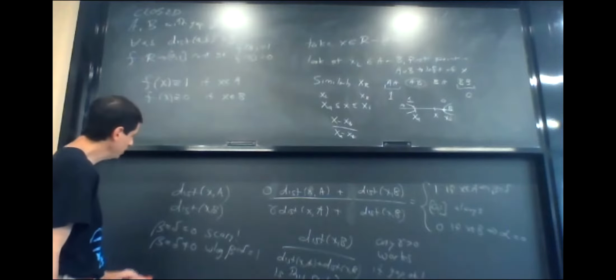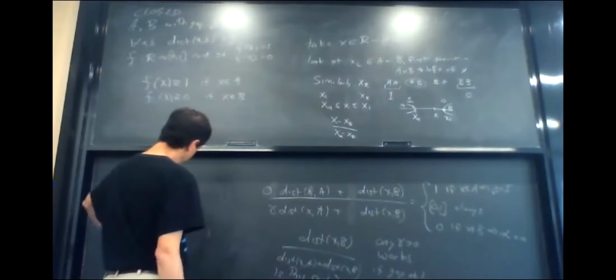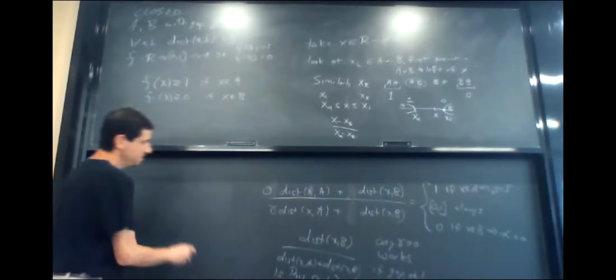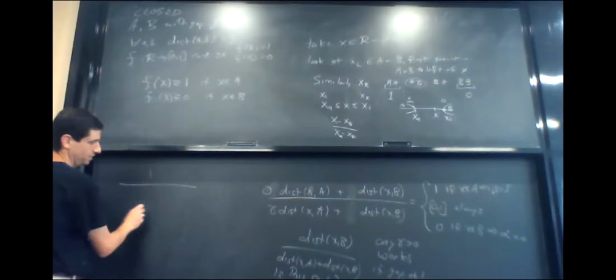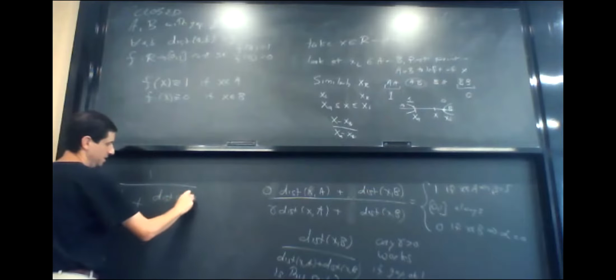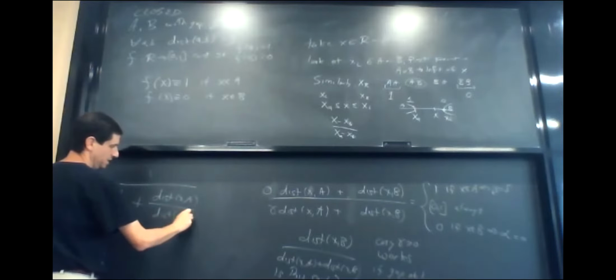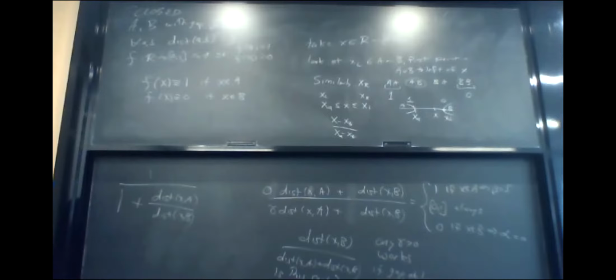constant. So one way you could write this, wait, no, the denominator is constant. This is the same as 1 over 1 plus distance XA over distance XB.